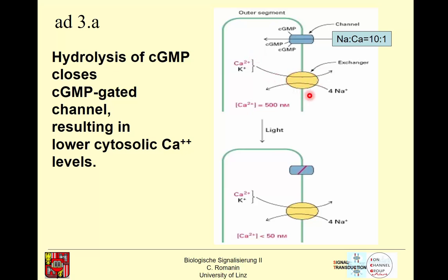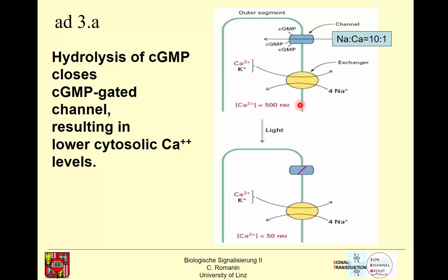So here an exchanger is working all the time, and you see the exchanger is exchanging sodium. This provides the driving force, the energy, because we have almost no sodium, or let me say a much smaller concentration of sodium inside of a cell. And this allows, in exchange, that calcium and potassium can be pumped out of a cell.